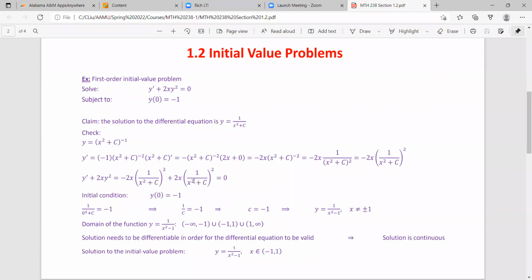So you square that, you can see those two terms are identical and opposite in sign, so they cancel completely. So we got 0. And that means the equation is satisfied, right? So y equals 1 over x squared plus c is indeed a solution to the differential equation. Agree?